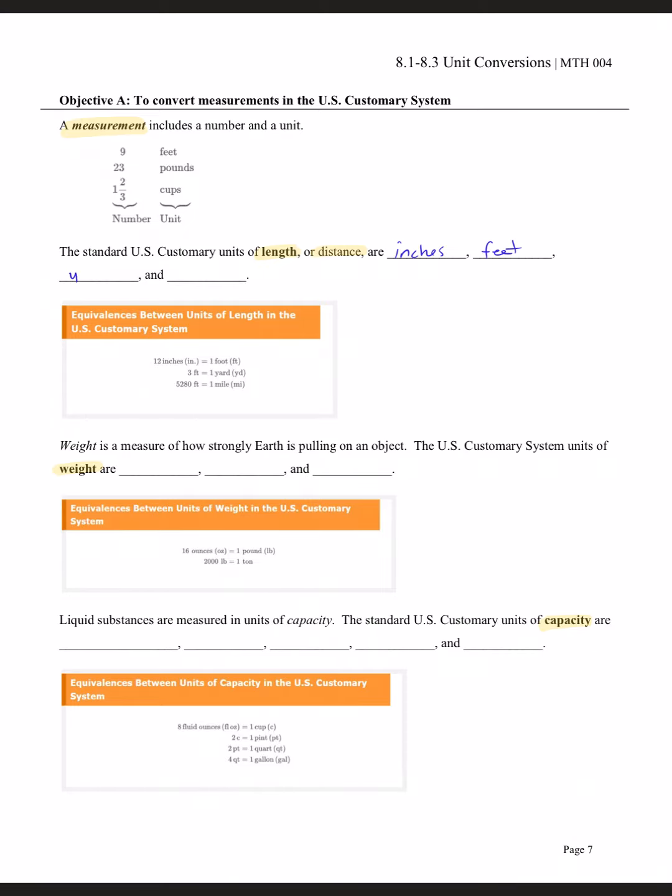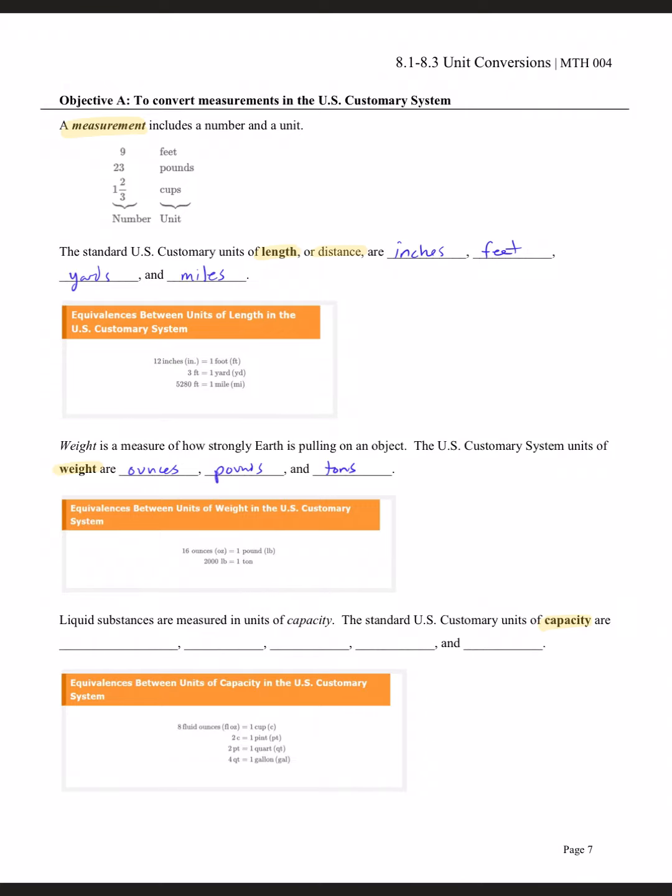Those are going to be how we're going to measure a length or a distance. Weights. We're going to talk about ounces, pounds, and lastly, tons. Those measure how much something weighs.